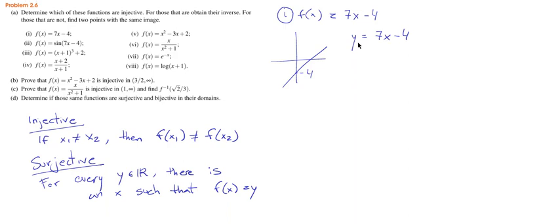Okay, so we want to have an expression so that we plug values in y and then we have a value of x. So we want x to be alone, in one sense. So this is simple algebra. You just sum 4 to both sides and then divide by 7, so you have x is equal to y plus 4 divided by 7.